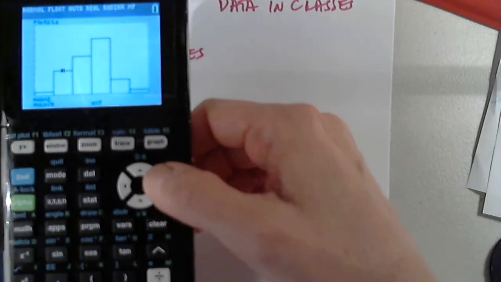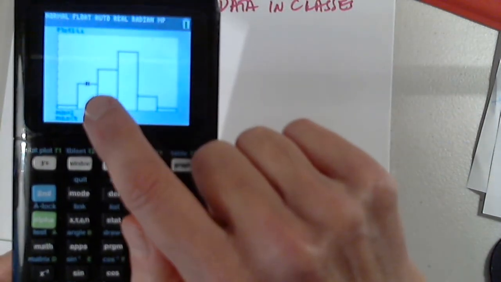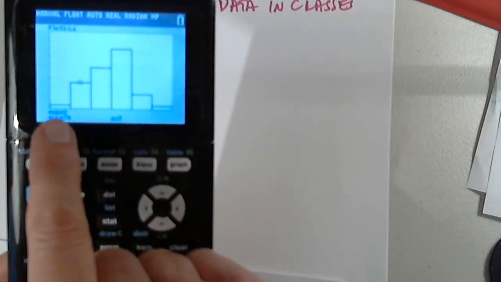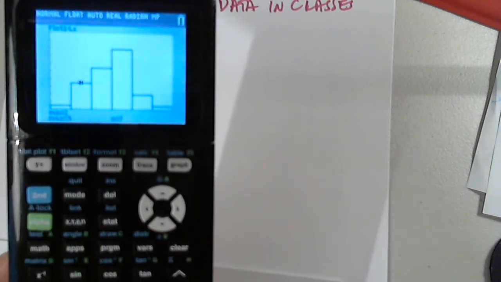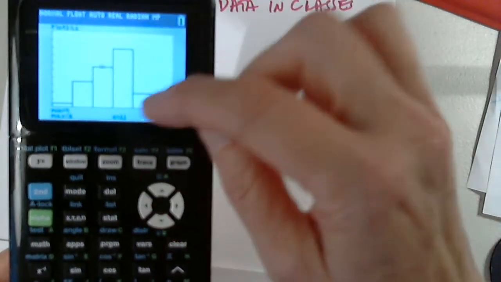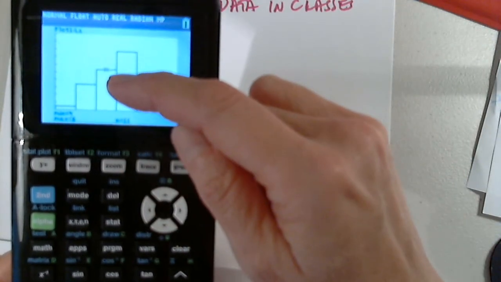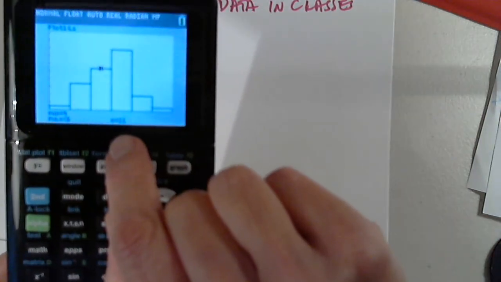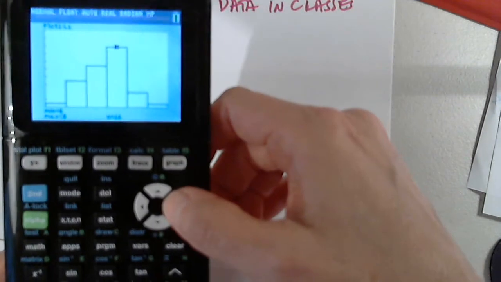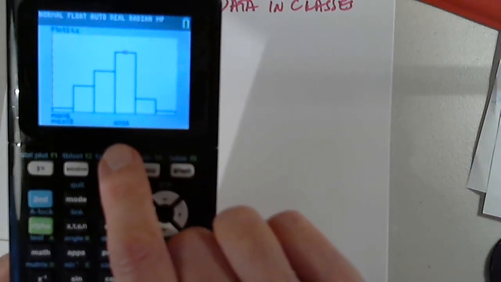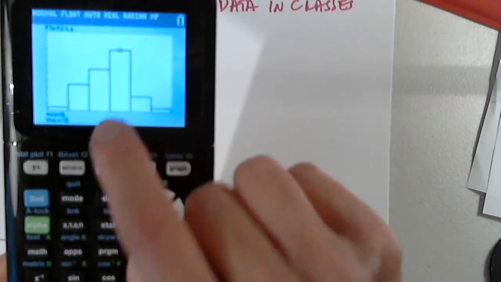When I move to the right, it jumps to the next class and it tells me that I have 7 entries between 4 and 6, not 6. 7 entries, but I don't know how many 4s, how many 5s. It jumps to the next class, and it tells me that I have n equals 11, and so on. Again, it says 16, but I don't know how many of each. I know I have a total of 16.